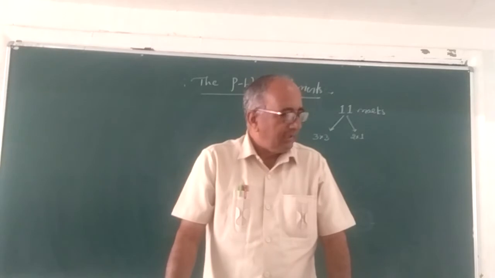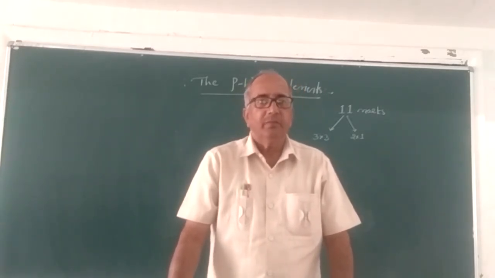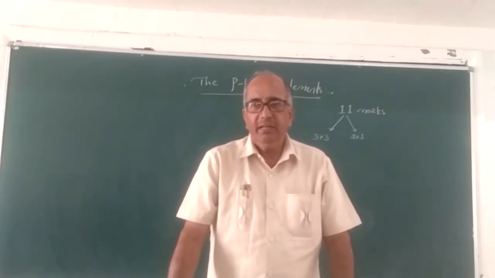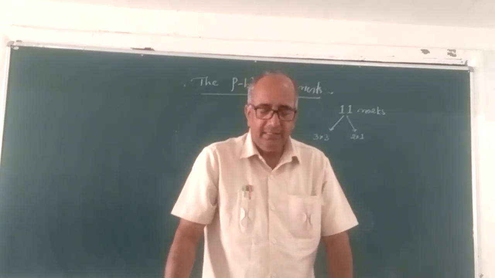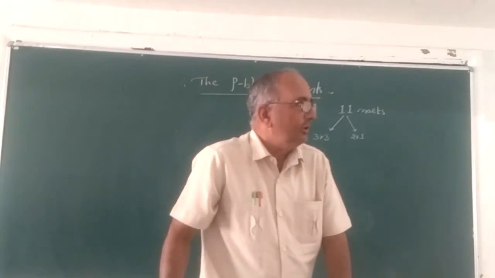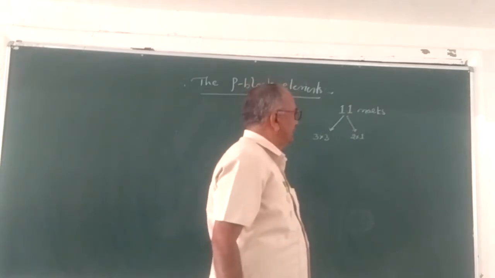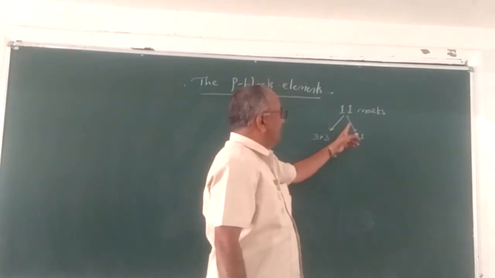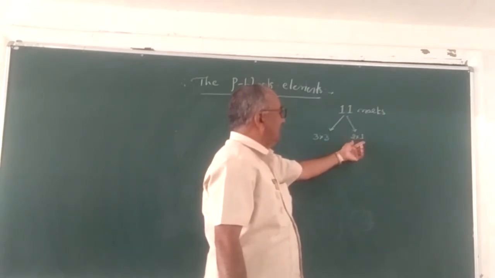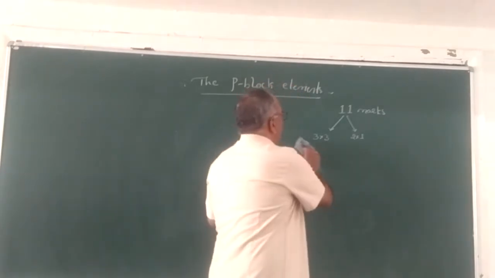In the annual question paper under part C, question numbers 20, 21 and 22 are based on the P block elements, and one question under 2 marks in part B. So totally 11 marks for the chapter.